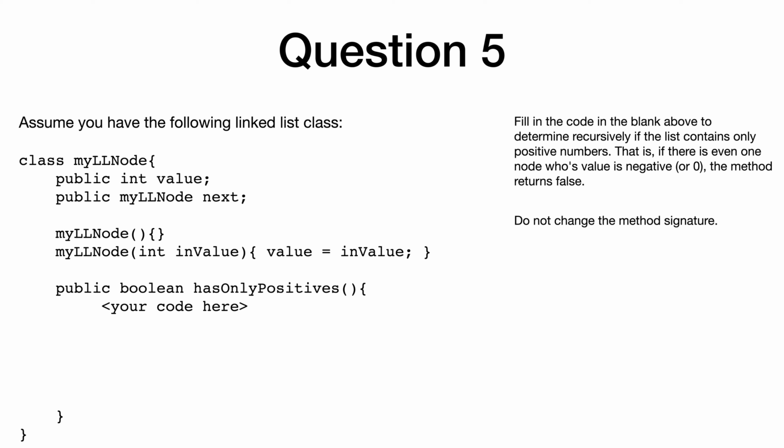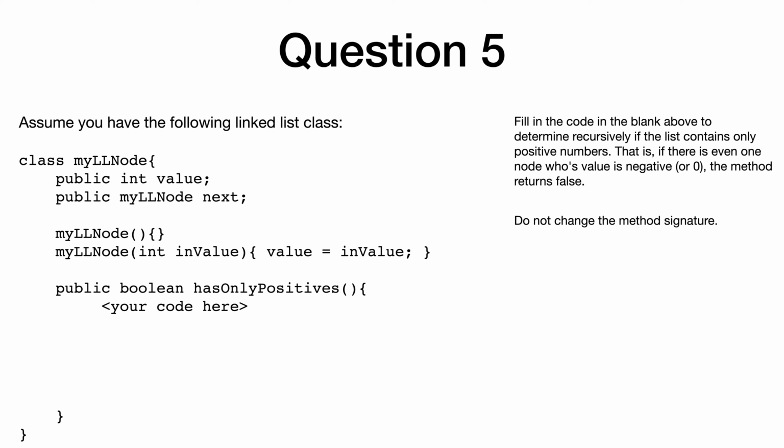What we wanted our method to do is determine whether or not the list that we're looking at contains any non-positive values, so anything that's negative or 0. And we were told that we needed to do it recursively.